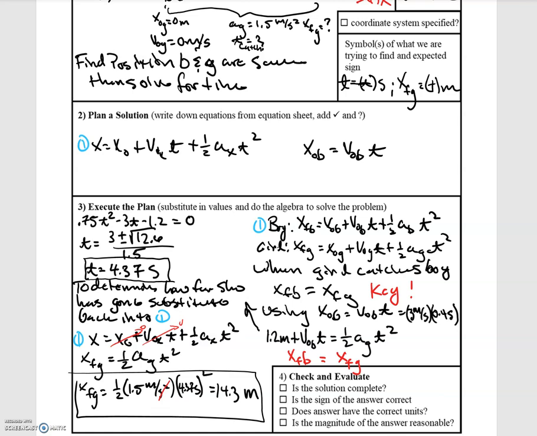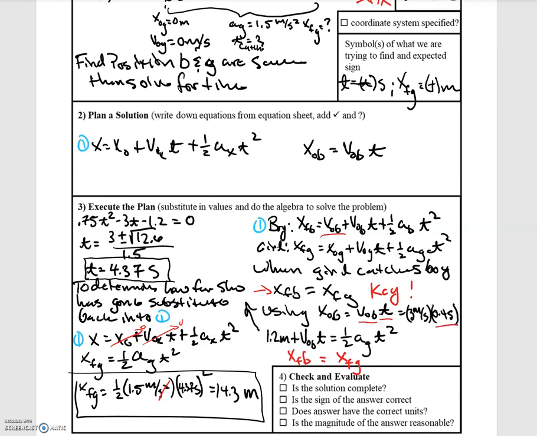So you start by setting their final positions equal to each other, and then you need to solve for each of those final positions. So the initial position for the boy is equal to his constant velocity times the time that it takes till the girl starts running after him.